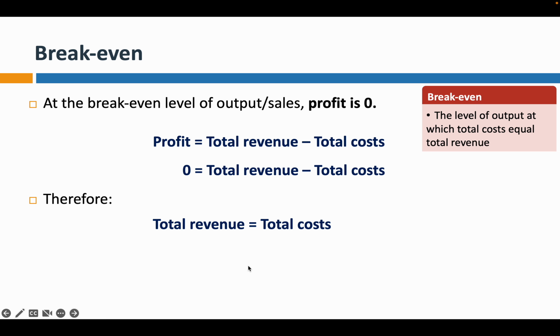Total revenue breaks down into quantity times price. Total cost breaks down into fixed costs plus variable costs. We can also rearrange the equations any way we want. The point is that at the break-even level of output, we are not experiencing any profit and we're not experiencing any loss. There's no profit or loss made.